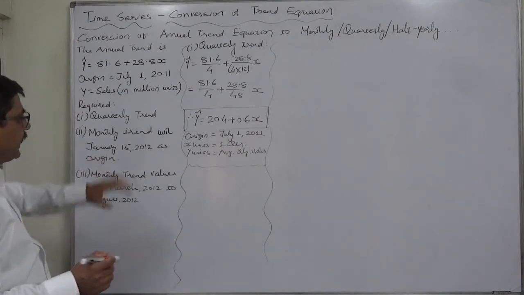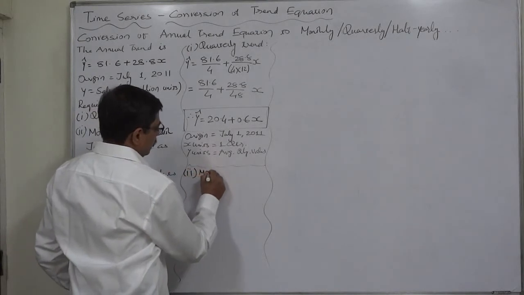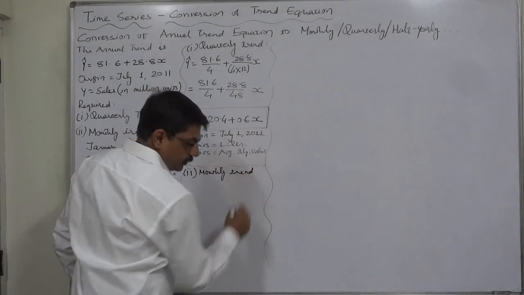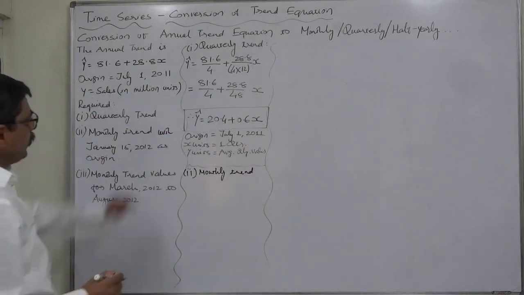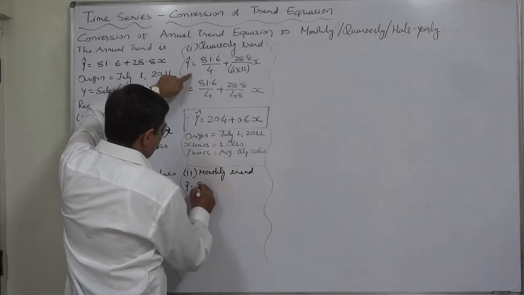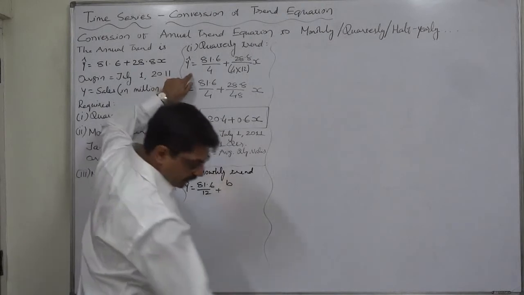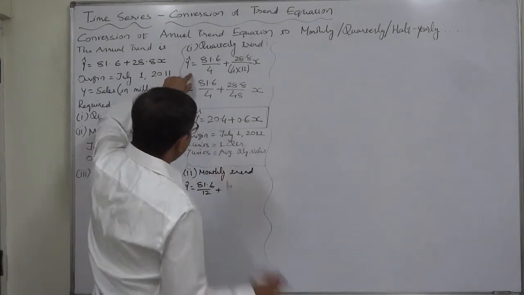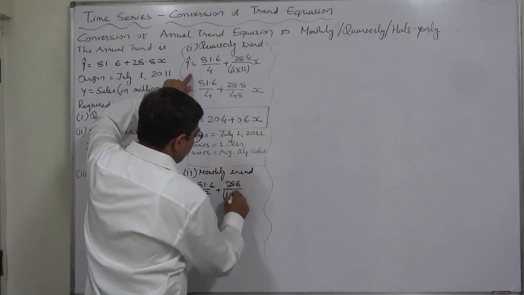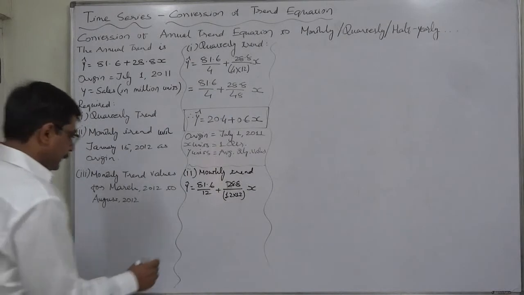First we are going to find the monthly trend. To have the monthly trend, we need to divide the constant A by 12 and B, 28.8, by 12 into 12, hence the X will be monthly.